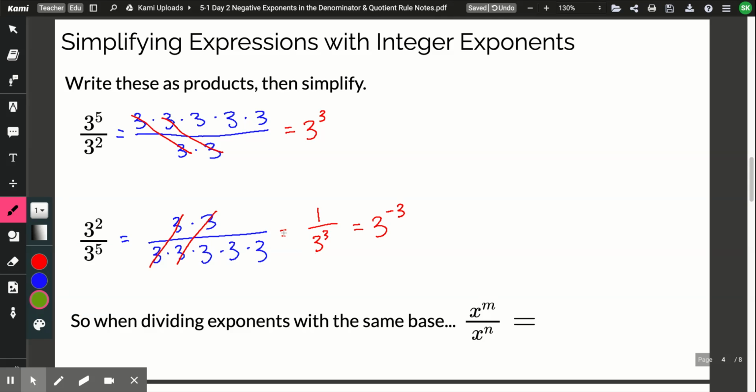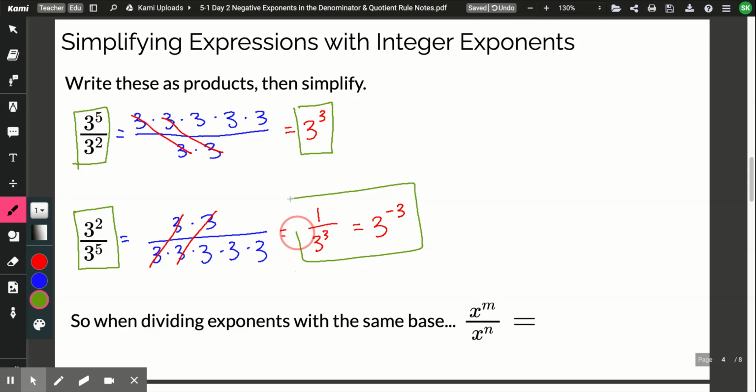Do you guys notice anything interesting about the original problems and the simplified versions that we got? I hope you all notice that if you look at the exponents of what I boxed, the exponent of the numerator minus the exponent of the denominator will give us the simplified exponent.